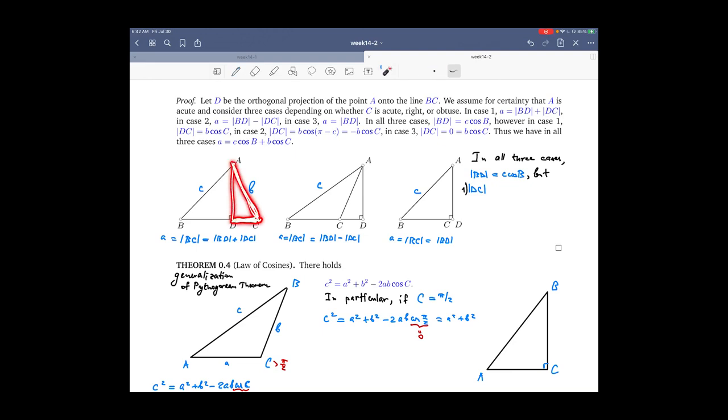DC equals hypotenuse b times cosine C. In the second case, it'll be different because in this right triangle, it'll be hypotenuse b times cosine of this angle, ACD.